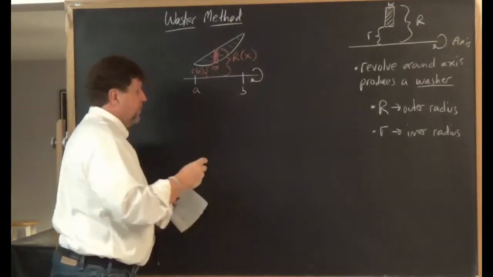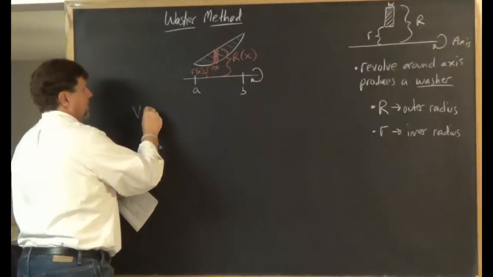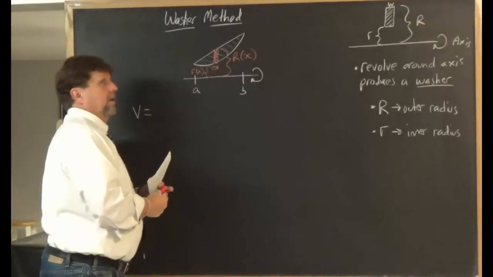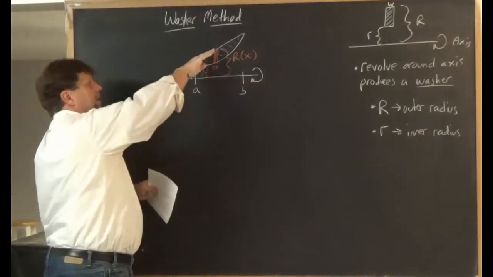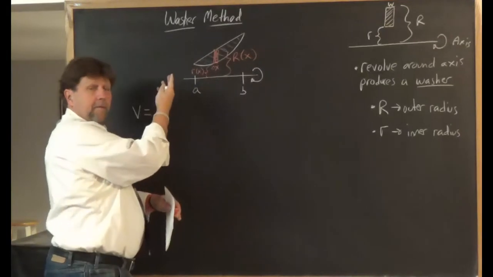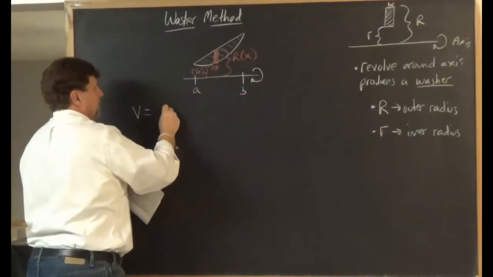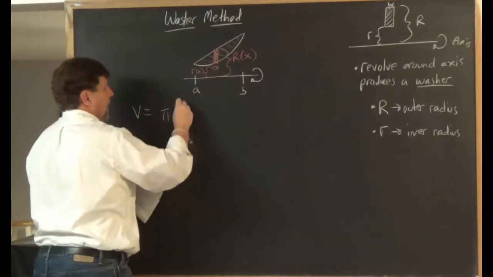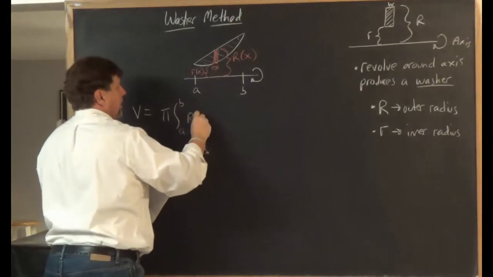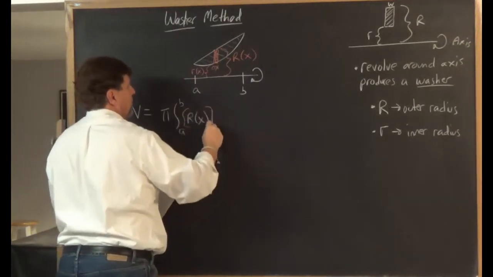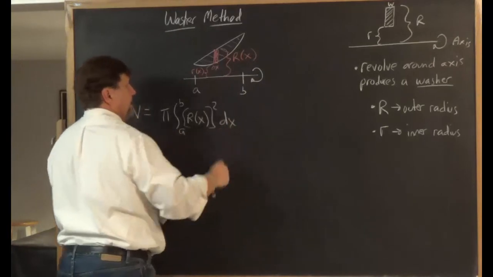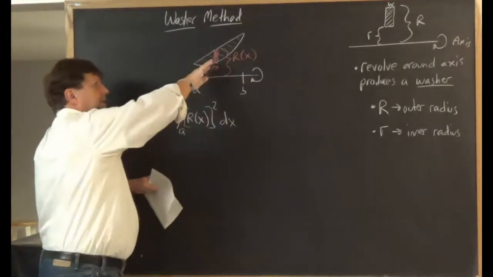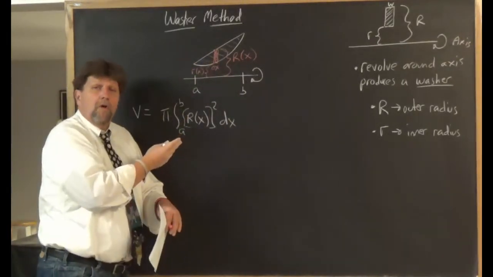To get the volume, well, I would get the volume for the big R of x: pi times the integral from a to b, big R of x, squared dx. So that's what the volume would be if there's no hole.